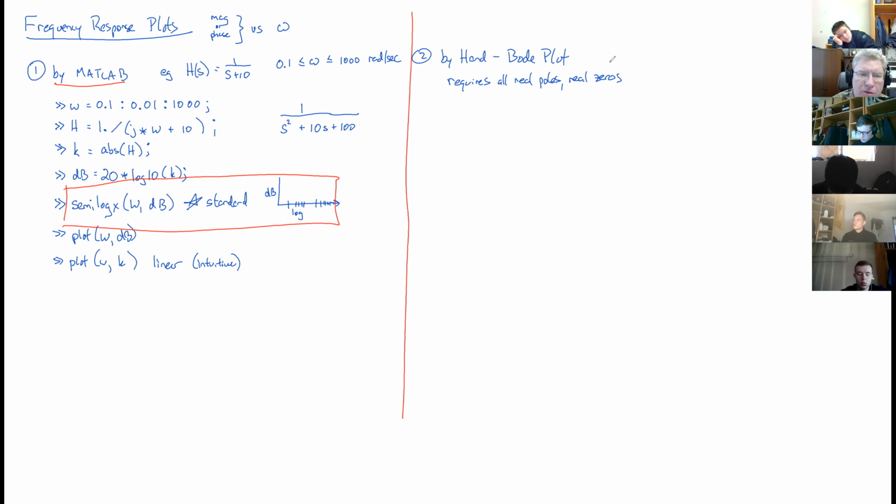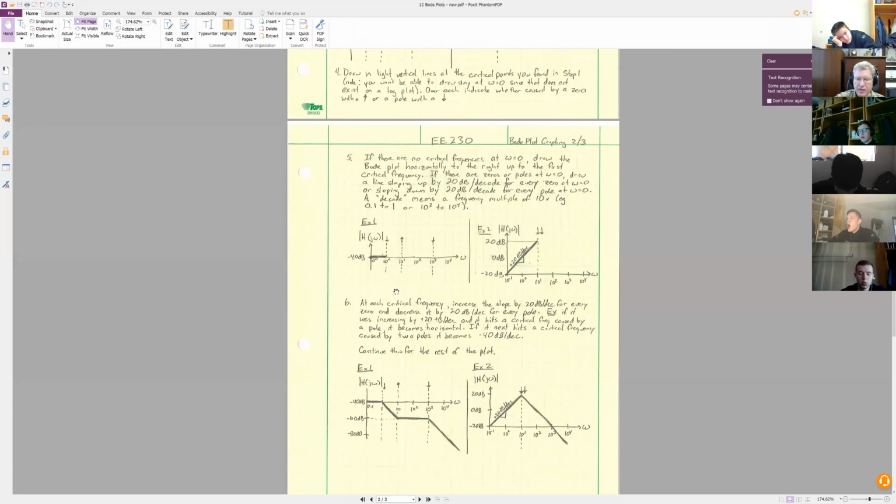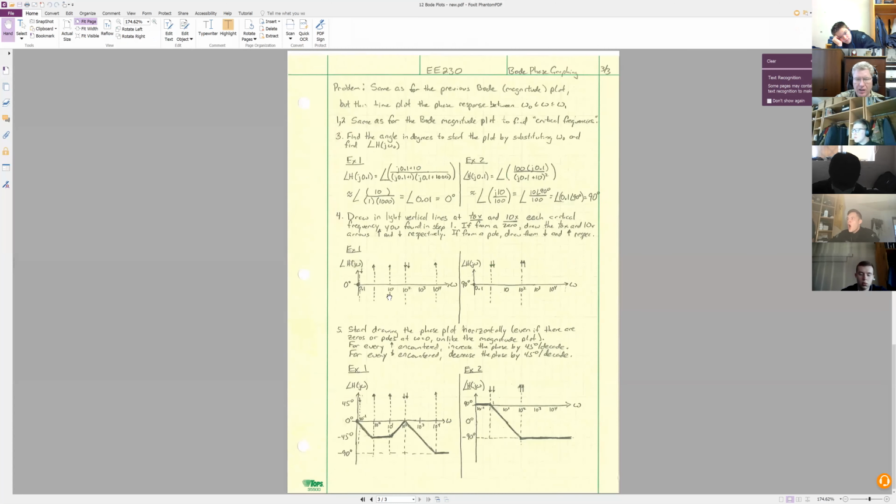And at this point, I'm going to refer you to the handout. So let me take a quick look at this handout for you. Here's this handout that I made for you. It's 3 pages.